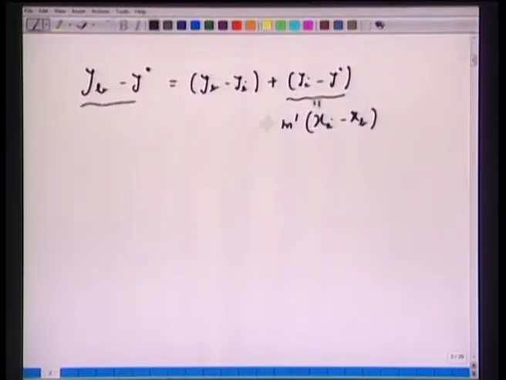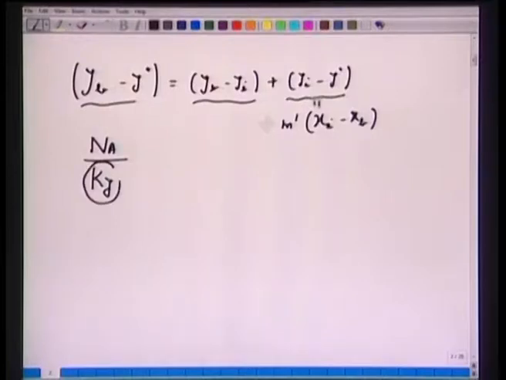Now we have the definition for diffusion flux in terms of concentration drop and mass transfer coefficients. So we have NA over capital Ky, the overall mass transfer coefficient, defined as NA equals Ky times YB minus Y star.